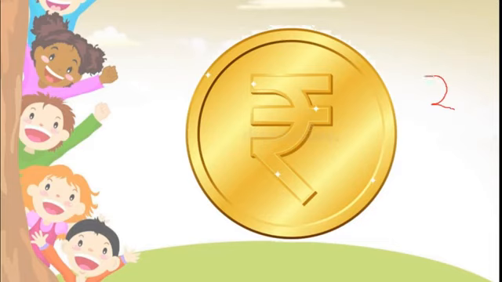Then we have to draw a line here. This is nothing but a symbol for rupee. It is not necessary to write R-U-P-E-E-S to write rupees. If we use this symbol, this means we are dealing with the money. Okay?